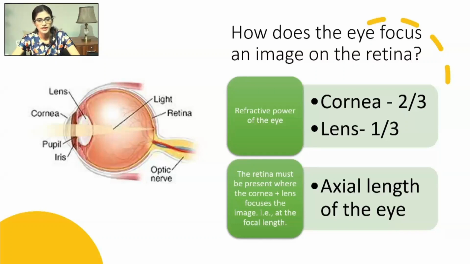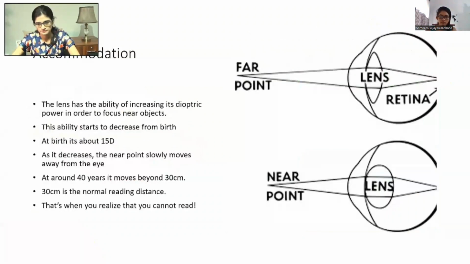The retina, where the image forms, should be at the focal length of the refractive elements of the eye, the cornea and the lens together. So you need a proper axial length that matches the refractive power of the eye. These three are the main elements that provide a properly focused image.